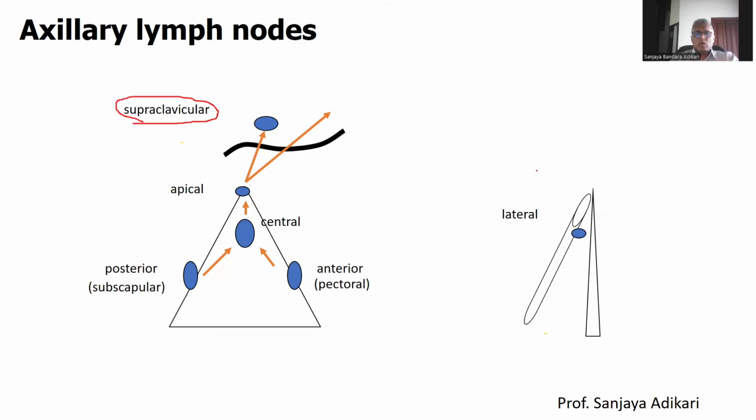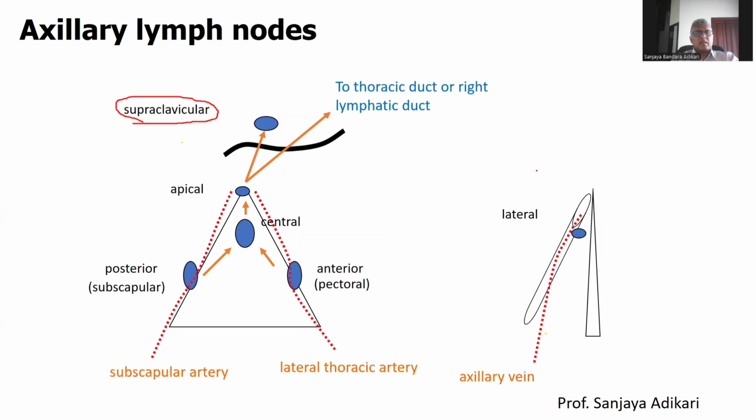Now, if you look at the vessels in relation to which these nodes are found, the anterior group or pectoral group is called pectoral group because it lies under the pectoralis minor muscle, and the nodes lie along the lateral thoracic artery.